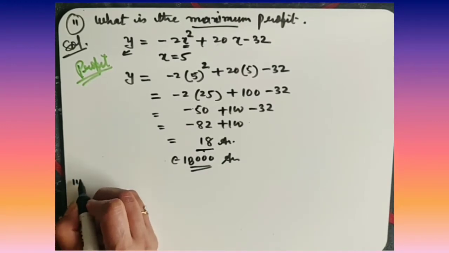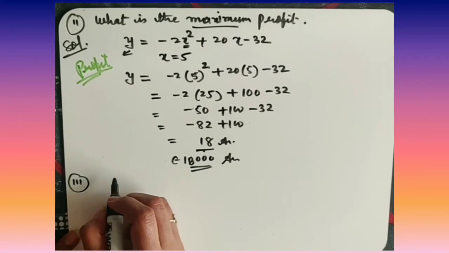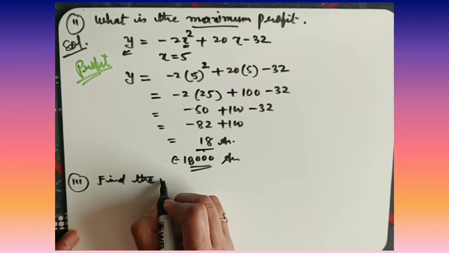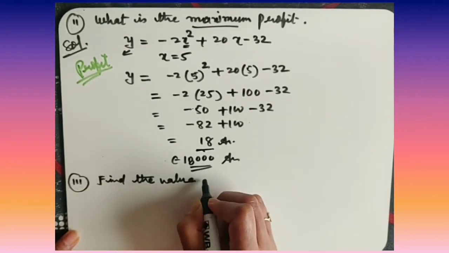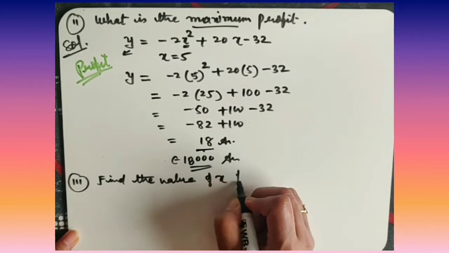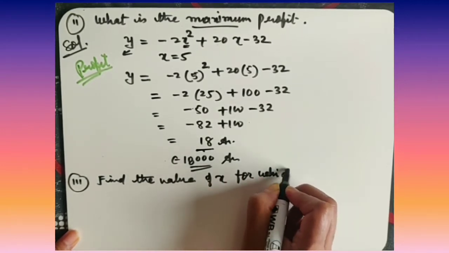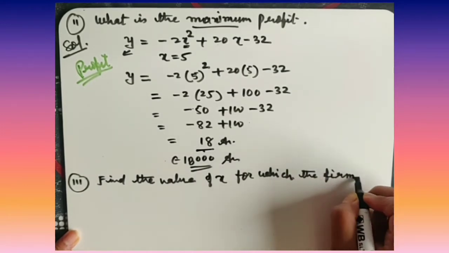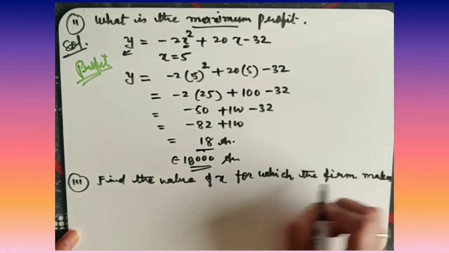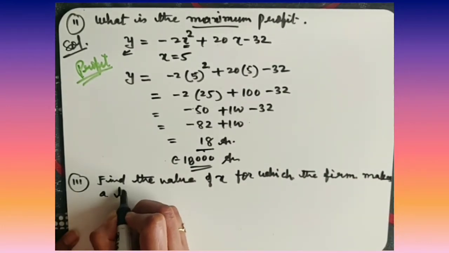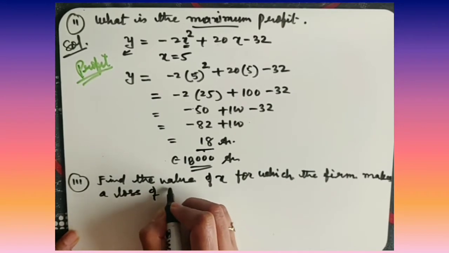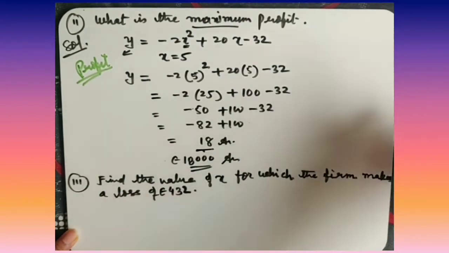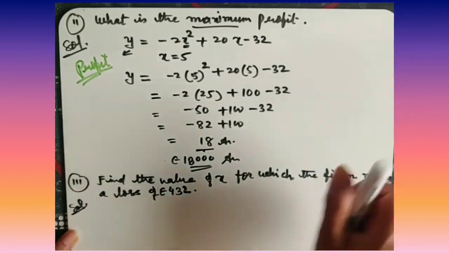The next question will be: find the value of x for which the firm makes a loss of 432 euro. Now what will be the answer to this question?